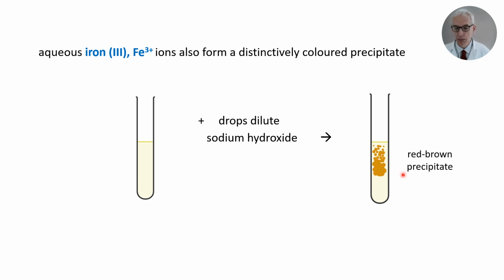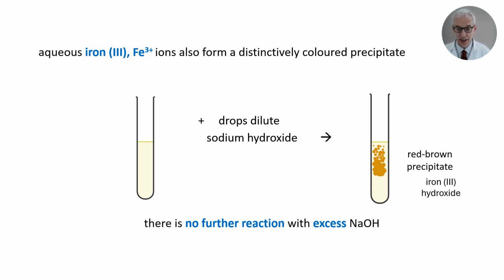What is the name of the red-brown precipitate? Well, iron 3 hydroxide. As with iron 2 hydroxide, it is insoluble in excess sodium hydroxide. So adding more sodium hydroxide, there is no further reaction.